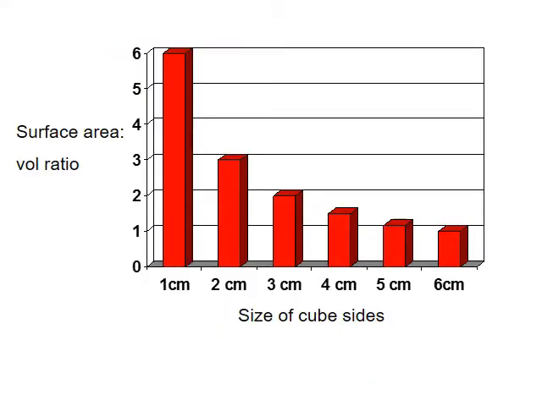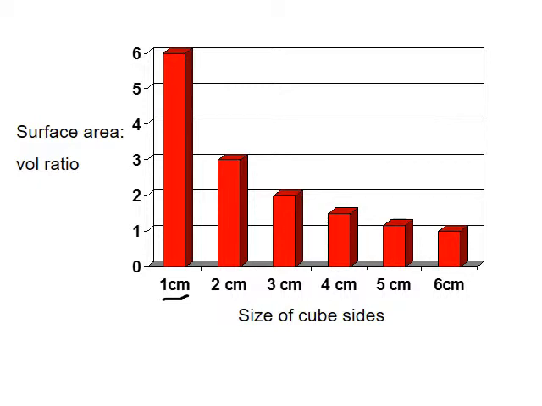So let's have a look at the surface area to volume ratio. If I start off with my 1 centimetre cube here, 1 times 1 times 1 gives me a volume of 1, but the surface area, it's got 6 faces which are each 1 by 1, so 6 times 1 by 1 gives me 6. So the surface area to volume of the small cube will be 6 to 1.